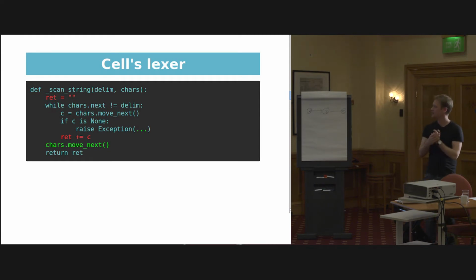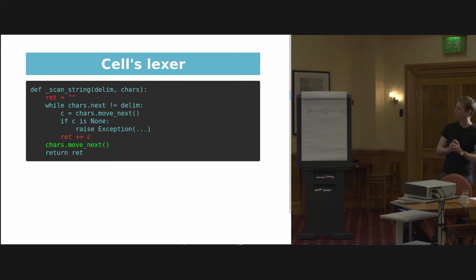So, scan string takes in this argument delim, by which I mean whether you opened with a double quote or a single quote. That's just the thing that tells you I've got to the end of the string. And it takes in this chars thing that you're going to iterate through. So this is what I mean: we're passing in the stream of characters, and we're taking some more out of it before we go back and yield. This function is reasonably straightforward.